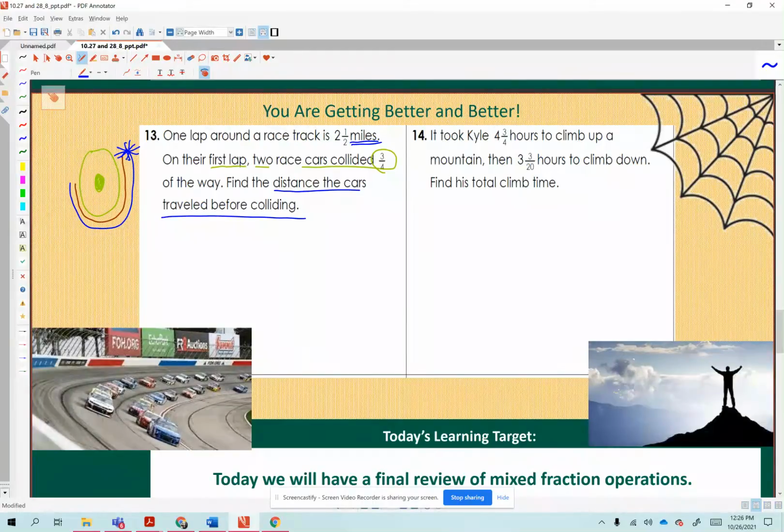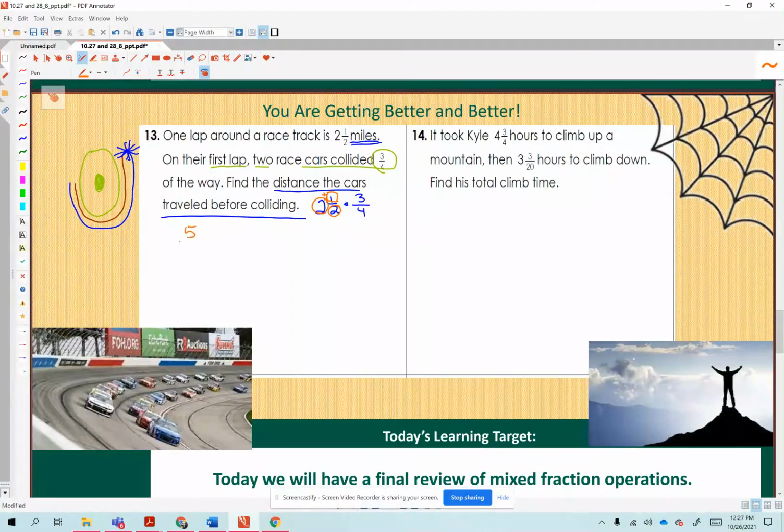So what we're going to do is multiply 2.5 times 3/4, because that's how far they went. The whole track is 2.5 miles. They went 3/4 of the way around. So the first thing we want to do is convert this 2.5 to an improper fraction. 2 times 2 is 4, plus the numerator makes 5.